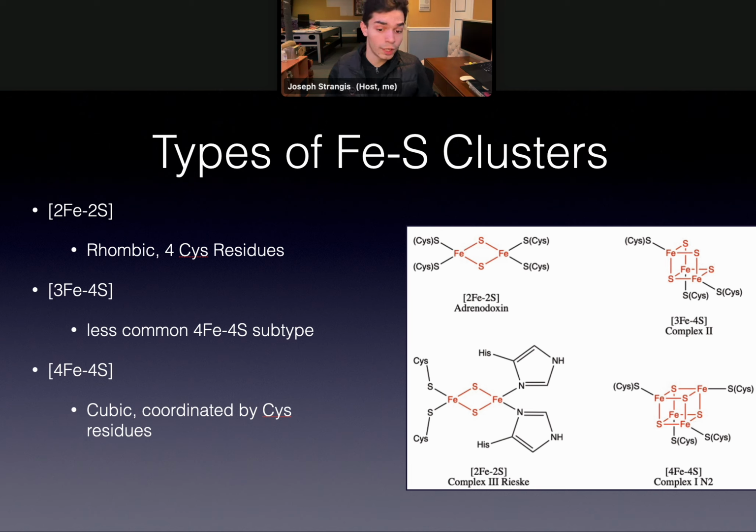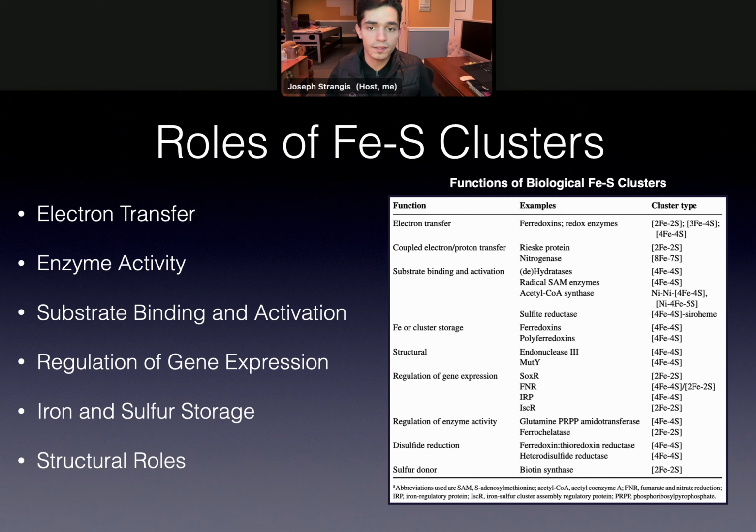They're coordinated by cysteine residues themselves, and they're found in some bacterial ferredoxins and within the mitochondria. And these all have different roles.